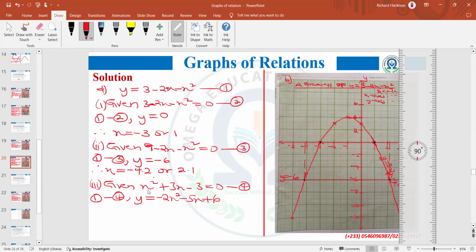So if I look at this equation, the quadratic term, the coefficient here is 1. Look at the relation here, the quadratic term, its coefficient is what? -1.